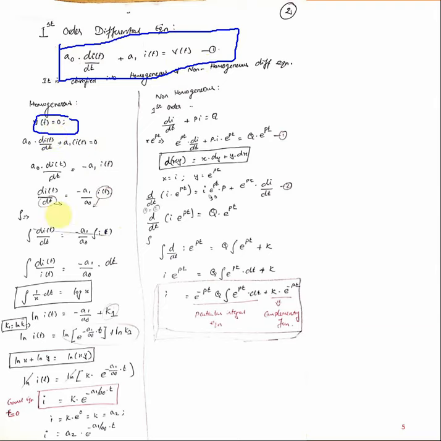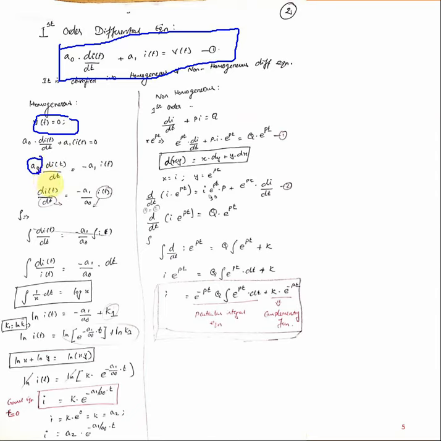I will tell you shortly. So I substitute V of t here. Then what remains on the left hand side? The same terms remain on the left hand side. I keep a naught into di by dt on the left hand side, and a1 into I of t moves to the opposite side, so the plus term becomes a minus term. Then I keep di by dt on the left hand side, and a naught moves to the opposite side.